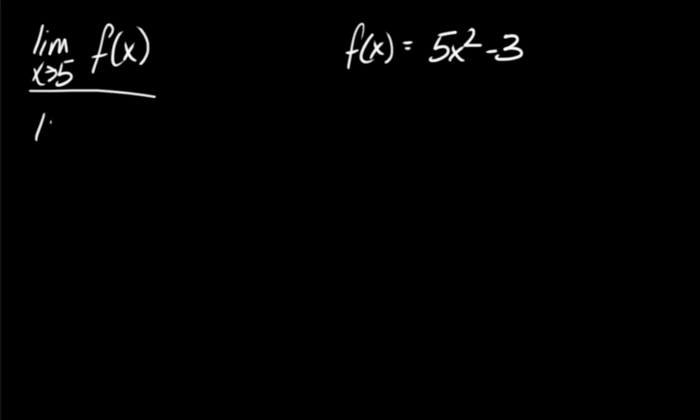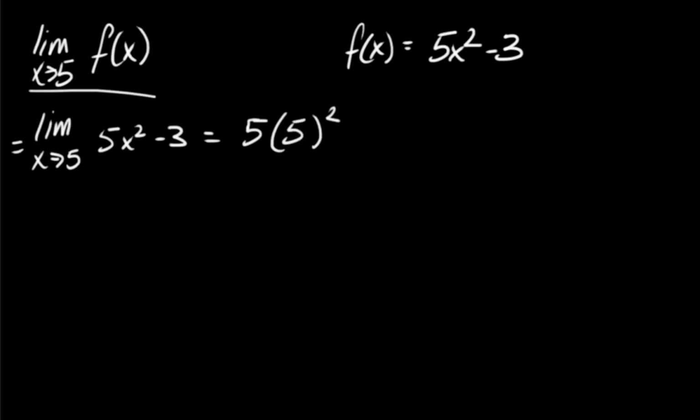So this equation, we can write as the limit as x approaches 5 of 5x squared minus 3 is equal to, and then this is where we start substituting in. So we can just directly write 5 times 5 squared minus 3.